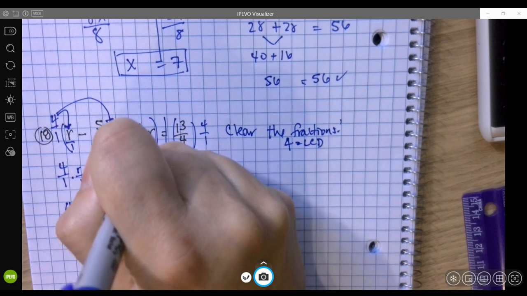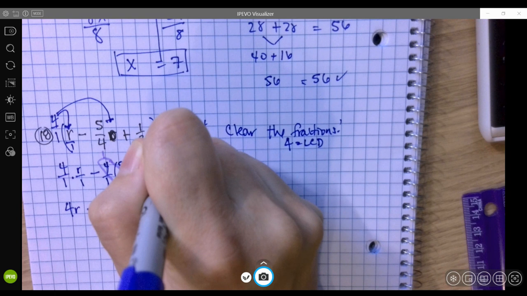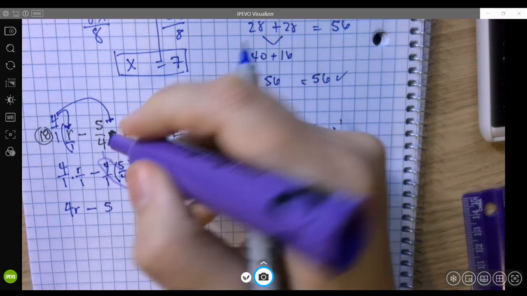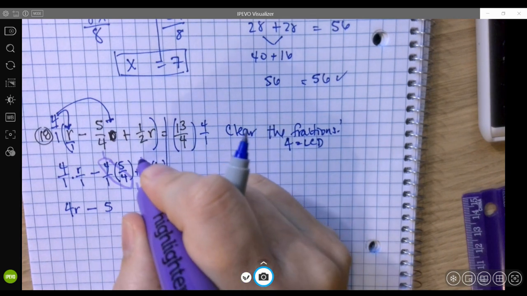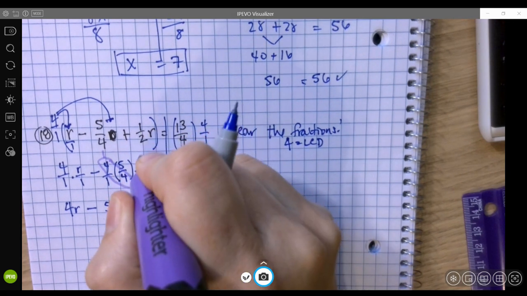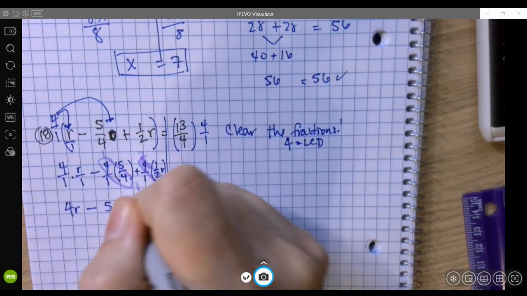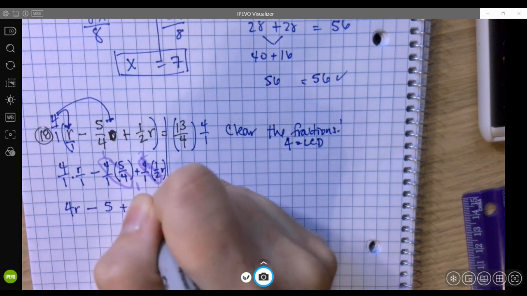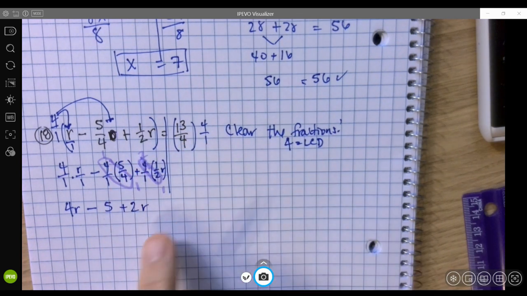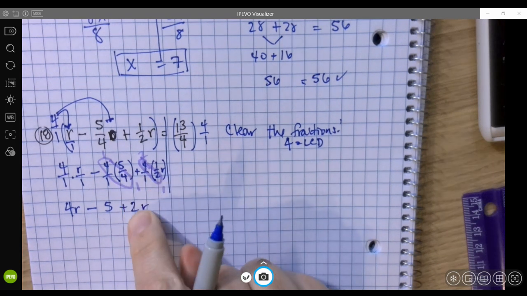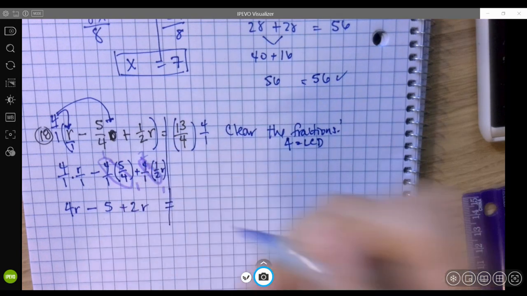And then I'm going to go plus 4 over 1 times 1/2 times r. Okay, so 4 in the numerator, 2 in the denominator. 2 divided by 2 is 1. 4 divided by 2 is 2. So I'm going to get 2 times 1 times r, which is 2r. You could also think about 4 halves being 2. However you want to think about it is fine. There's lots of different ways to think about these things.